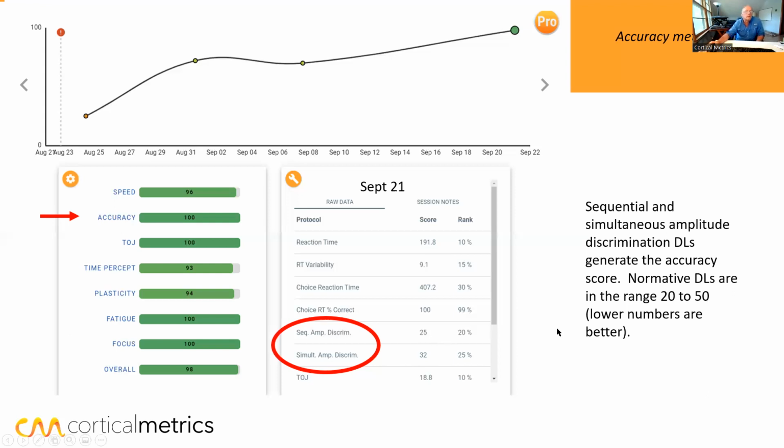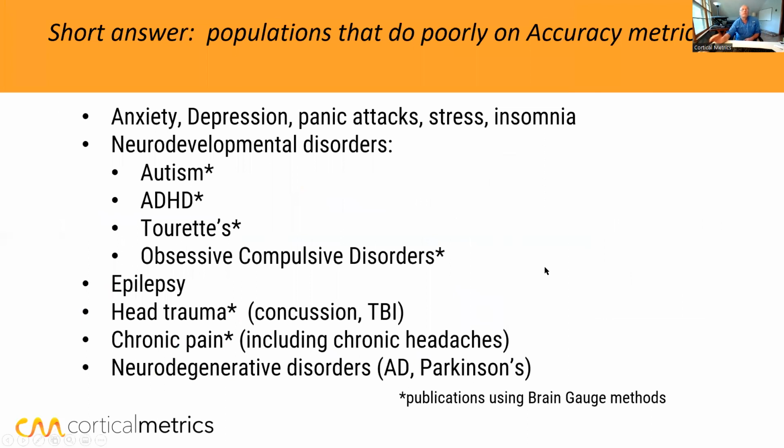All right, let's see what else we got. For the short answer, for people who just want to read this and then get out of here, there are populations that do very poorly on the accuracy metric, and they're listed right here. Basically anxiety and depression, neurodevelopmental disorders, neurotraumatic disorders such as head trauma, chronic pain, and neurodegenerative disorders such as Alzheimer's and Parkinson's.